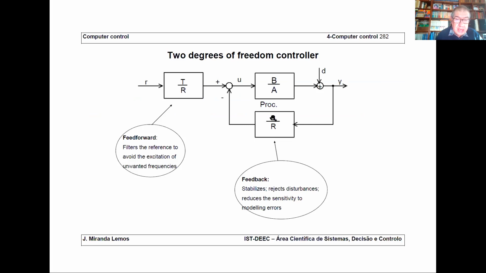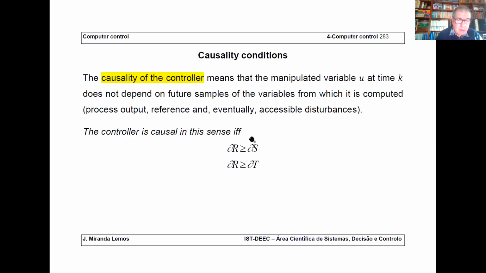Both these transfer functions, S divided by R and T divided by R, must be causal. That is to say, the number of poles, that is to say, the degree of R, must be bigger than the number of zeros. That is to say, the degree of R must be bigger than or equal to the degree of S, and the degree of R must be bigger than or equal to the degree of T. These are the causality conditions that I wrote here.